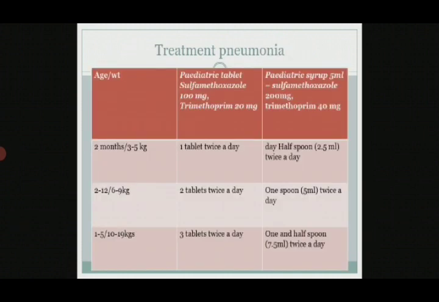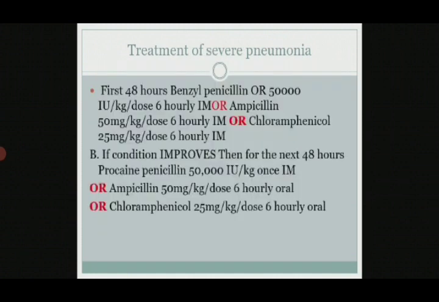Then there are some treatment modalities of pneumonia according to age groups and according to dosage schedule. Again, treatment for severe pneumonia, either ampicillin or chloramphenicol or benzyl penicillin is given in a proper dosage according to condition of a child.